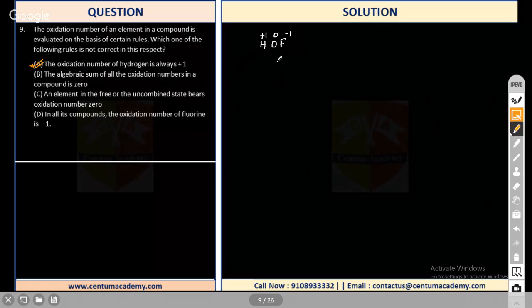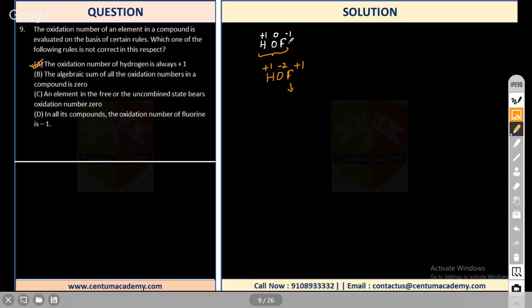In some places HOF is also explained differently, and that's why you are getting confused. In some books they have explained that fluorine is +1, oxygen is -2, and hydrogen is +1. This is also written somewhere in the book, but we'll consider this only according to electronegativity.